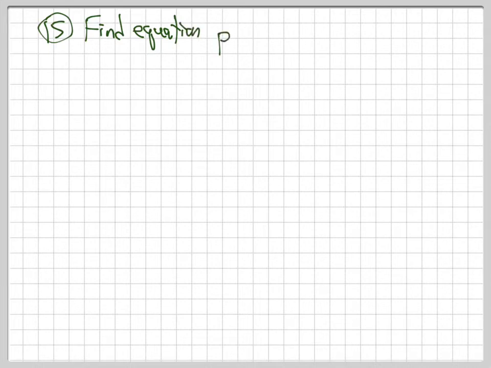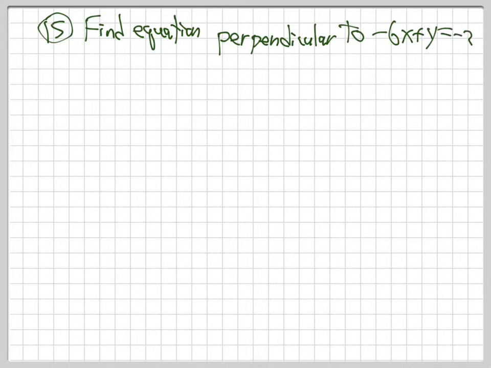And this time they're going to use the fancy word perpendicular, to -6x plus y equals -32. And then probably they're going to give me a point, (0, 63).